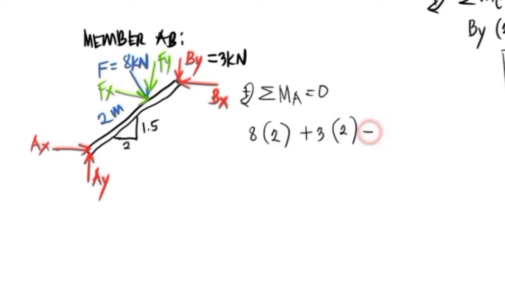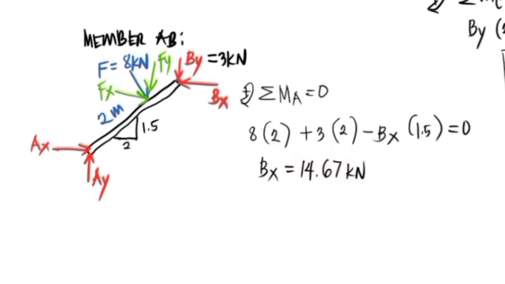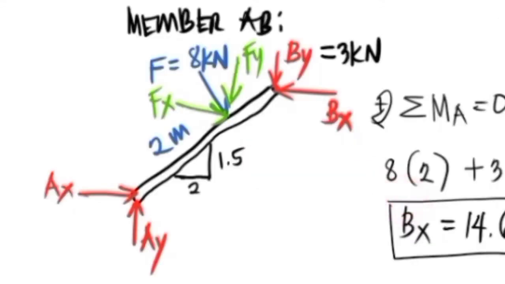So we would have negative Bx multiplied by the distance perpendicular, which is 1.5 meters, is equal to 0. So that would give us Bx is equal to 14.67 kilonewton positive. So tama yung assumption natin that Bx is directed to the left.